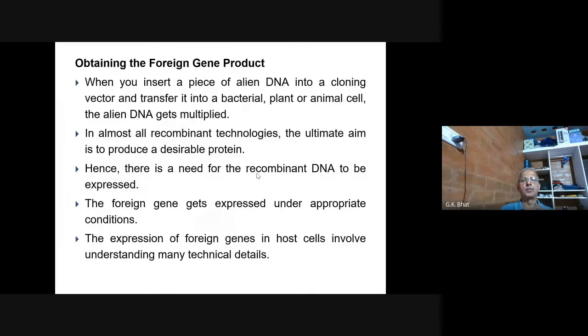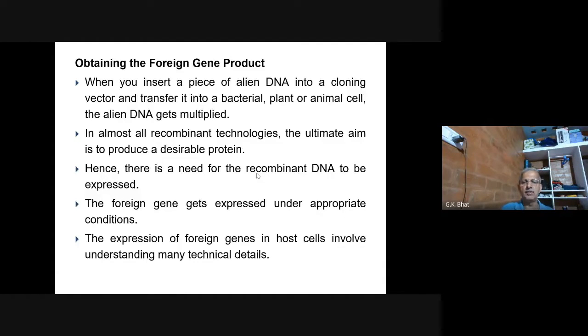Right. So, obtaining the foreign gene product. When you insert a piece of alien DNA into a cloning vector and transfer it into a bacterial, plant, or animal cell, the alien DNA gets multiplied. In almost all recombinant technologies, the ultimate aim is to produce a desirable protein. I have already told you, whatever you do under recombinant DNA technology, ultimately we are interested in getting the desirable protein.